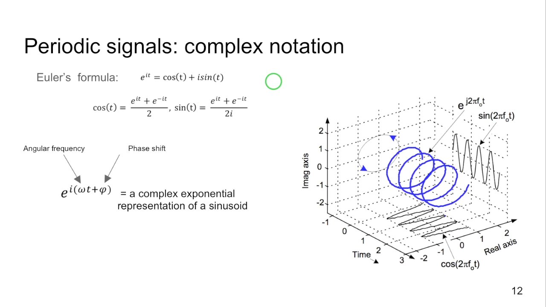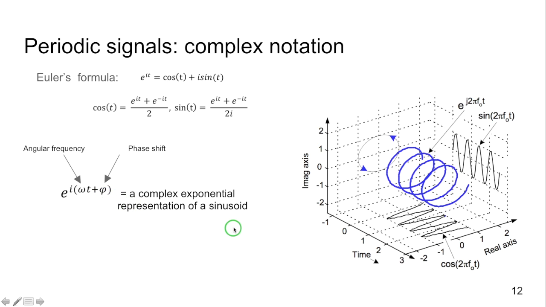And this formula can be arranged to form these identities. The proof of Euler's formula is talked about in one of the links I'll provide at the end of this lecture. So instead of having a sine and a cosine, we can get a simplified, in many ways, construction like this. We have e to the i omega t plus phi.